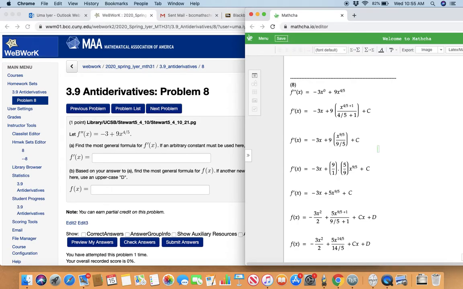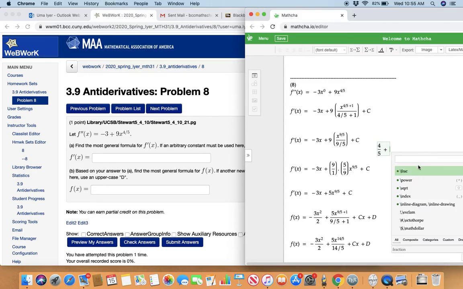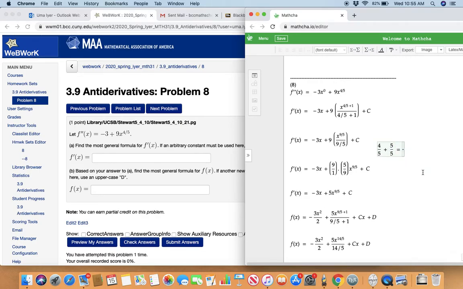We are looking at the fraction 4 over 5 plus 1. 1 can be written as the fraction 5 over 5. So this equals the fraction 9 over 5. Okay, that's all I'm using in here. So 4/5 plus 1 is 9 over 5.